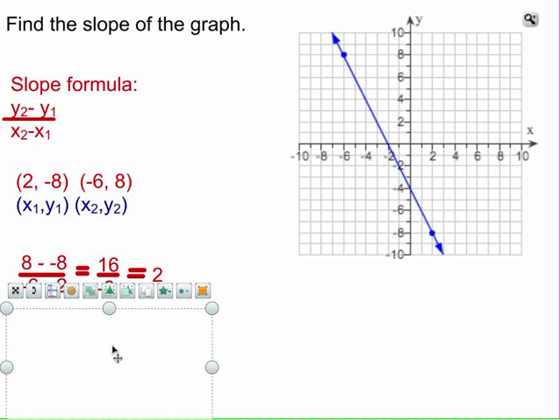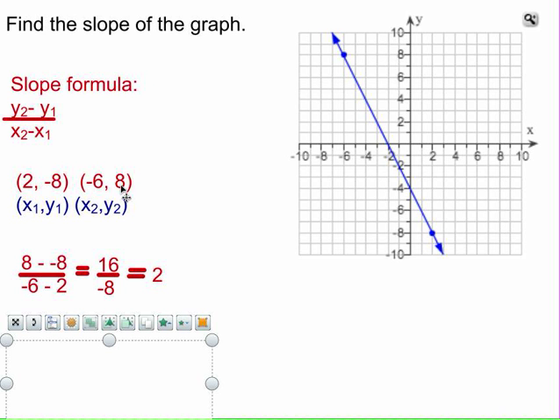We're going to start with our y's. So we have 8 minus a -8 over our x's, -6 minus 2.